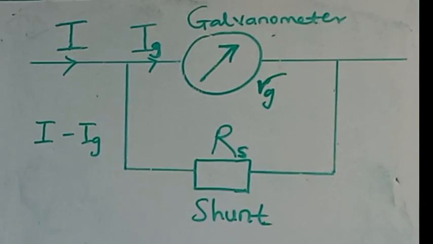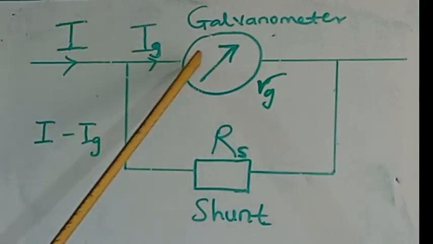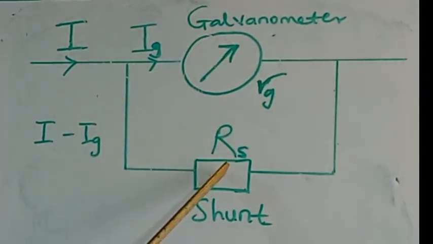Let's do it this way. This is the total current. Once it gets to this junction, it will be divided into two: current that will flow through the galvanometer and current that will flow through the shunt.